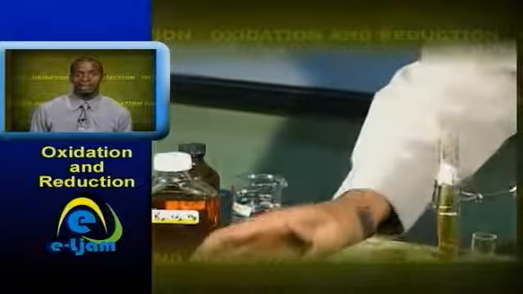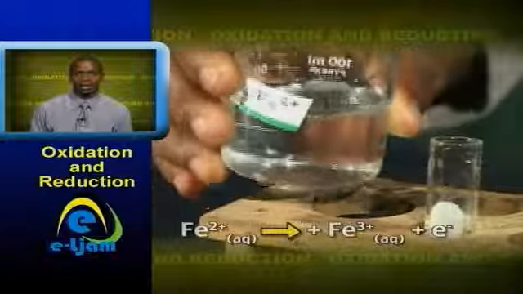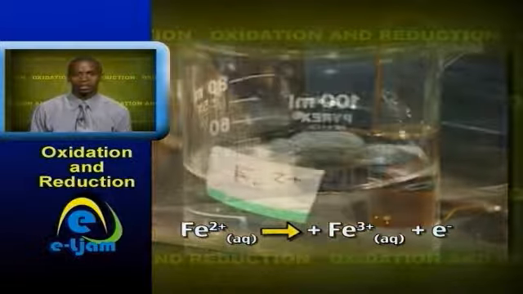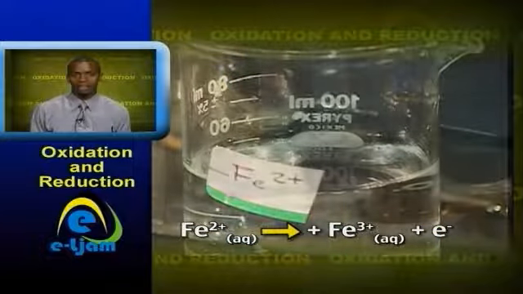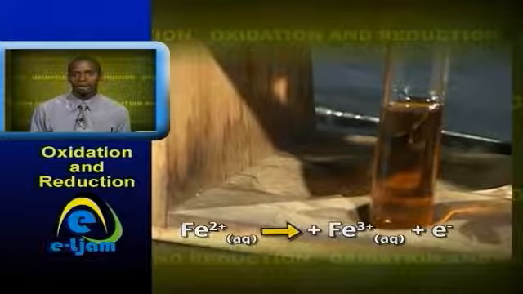Oxidizing agents may be identified by their reaction with the following known reducing agents. A. Iron 2 sulfate in the presence of sulfuric acid solution. The iron 2 sulfate is acidified with sulfuric acid to prevent the aerial oxidation of iron 2 to iron 3.